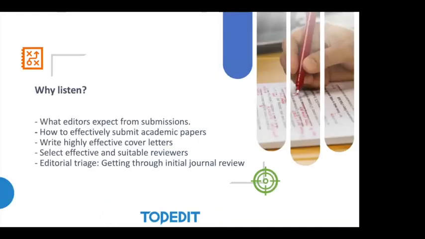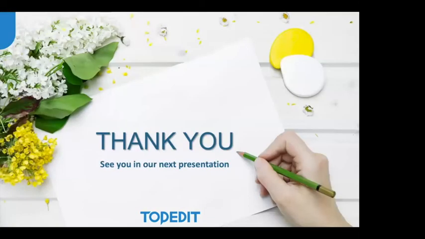So we've talked today a little bit about what editors expect from submissions, about submitting those papers, how to write cover letters, being effective when you select reviewers, and how to get your paper through the editorial triage stage and maximize its chances of being selected by an editor for peer review.